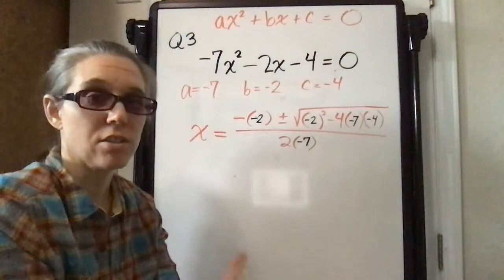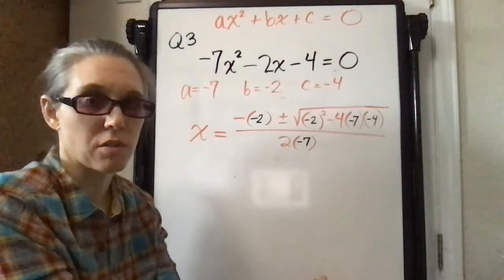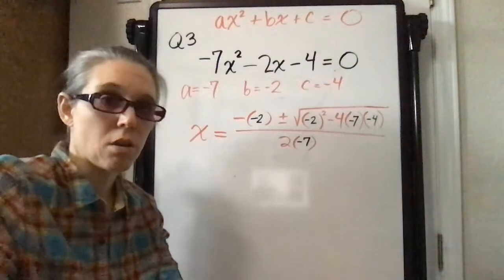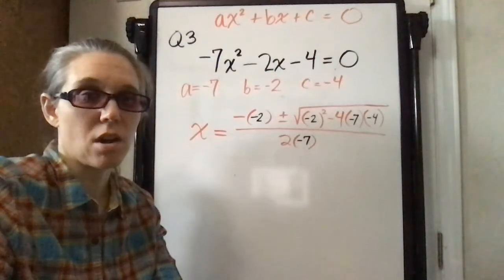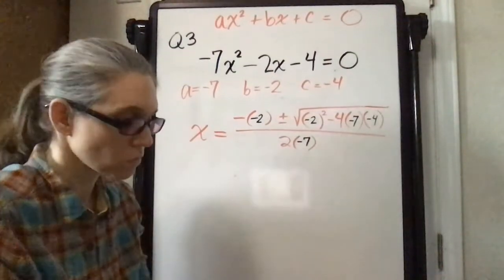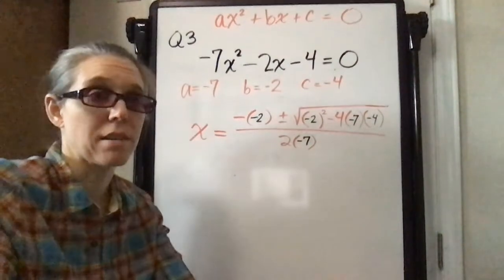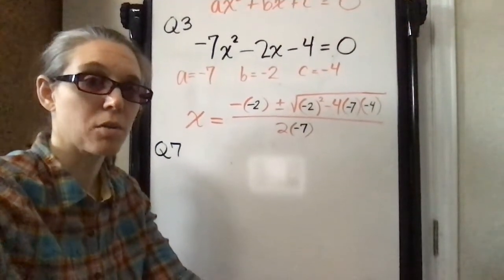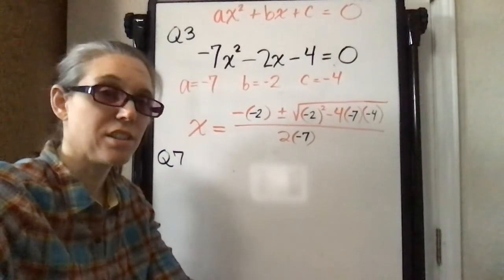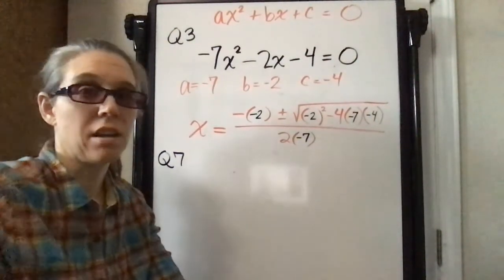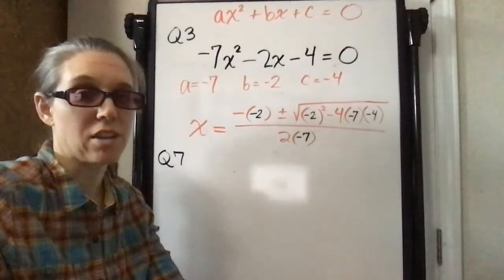For the sake of teaching you how to use the quadratic formula, though, I'm going to go ahead and continue this a little further. Okay, so this is now going to continue on as though the problem were asking you to simplify further, which question 3 on My Open Math does not do. So question number 3 does not tell you to simplify, but question number 7 asks you to use the quadratic formula and to go all the way to the end, giving a full simplification.